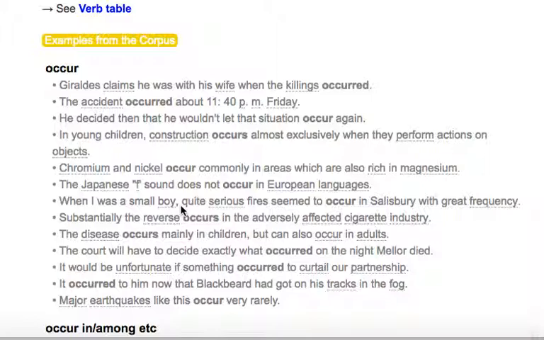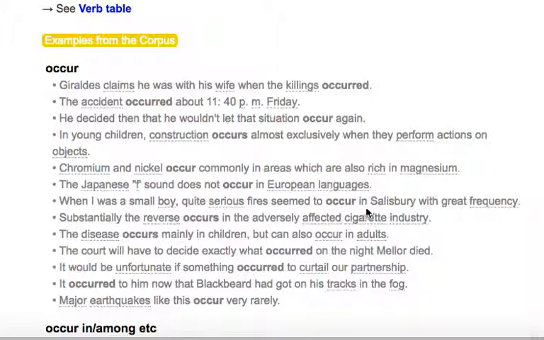Look at the comma. When I was a boy. You put the comma because this helps the reader to think about the time, the period. When I was a boy, quite serious vowels seem to occur. Look at this verb, seem to.